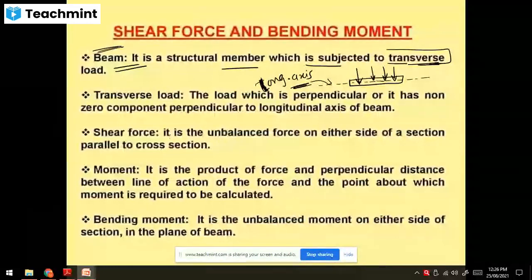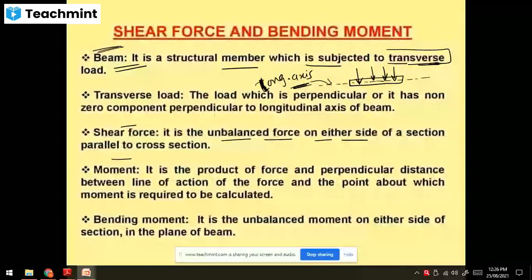Now, what is shear force and what is bending moment? Shear force is nothing but the unbalanced force on either side of the section, parallel to the cross section.